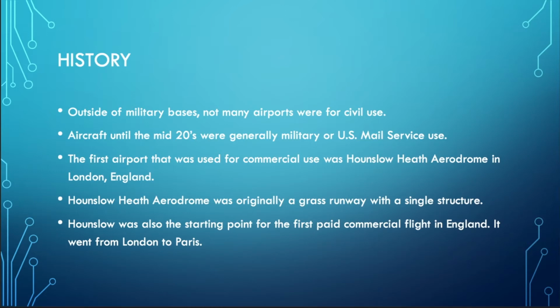But the first airport that had the first commercial use was Hounslow Heath Aerodrome in London, England, and this would actually be the place that had the first commercial flight, and it went from England to Paris. The airport itself was actually just a grass runway with a single structure, what we would call an FBO today, fixed base operator.